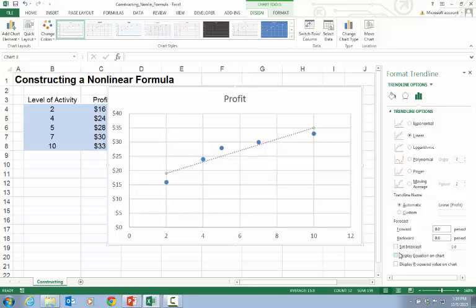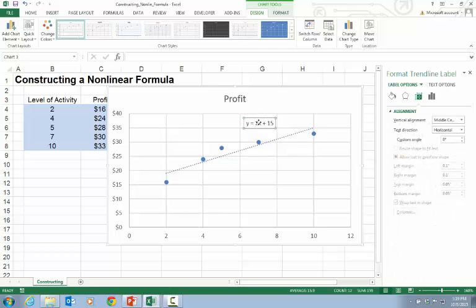And you have the option to display the equation on the chart down here in the lower right. So check it out, this is the equation that it fit. That means that the profit, Y, the y-axis, is equal to 2 times the level of activity plus 15.